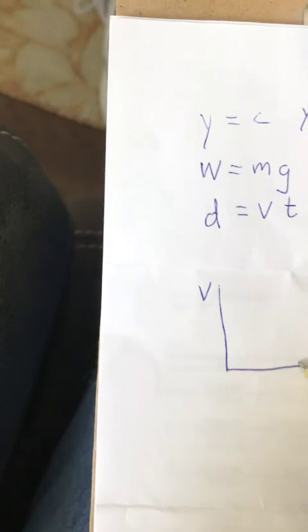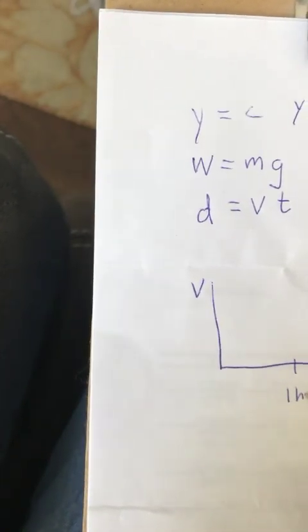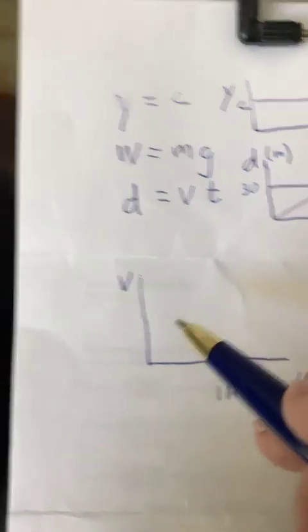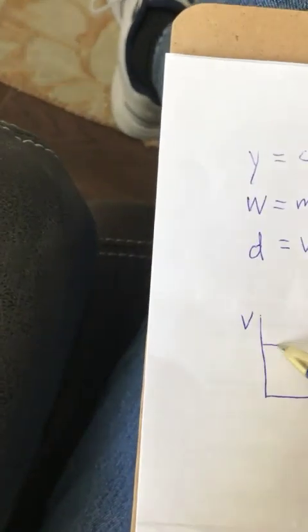Okay, now that we understand that, let's consider changing our function. Let's consider a case where, let me draw another velocity versus time. Let's say after 1 hour, so the velocity was 60.